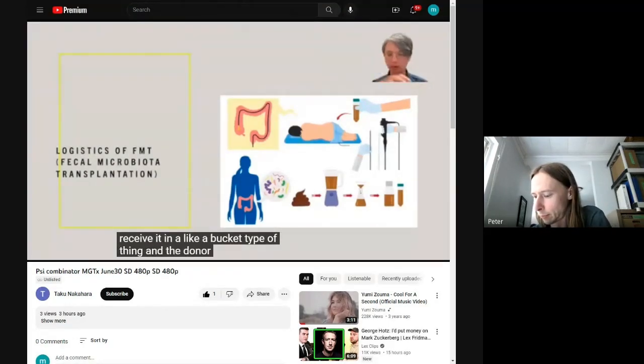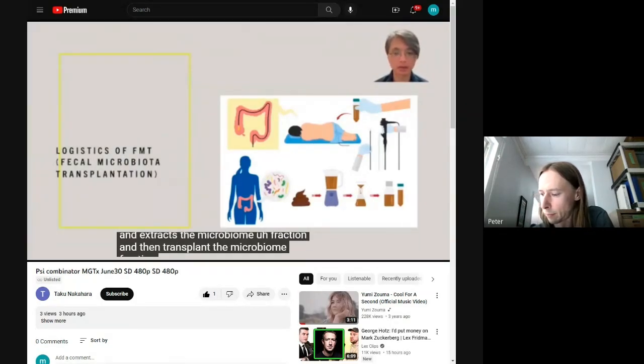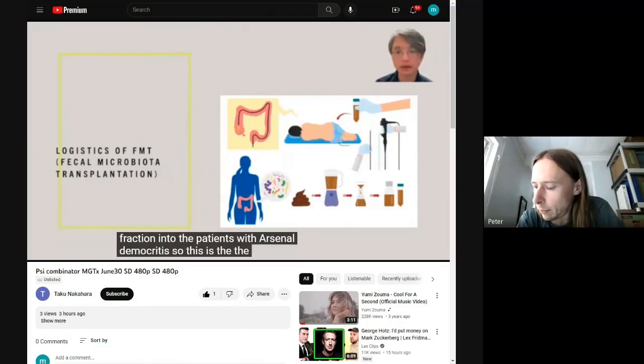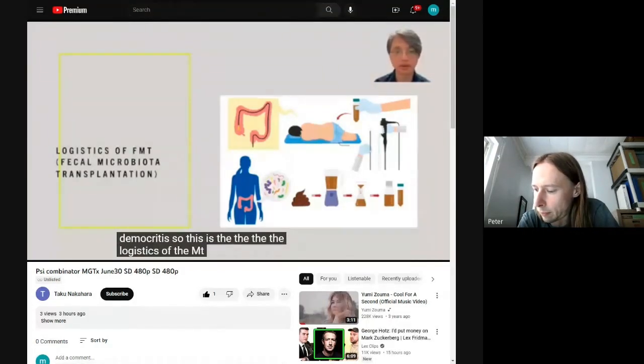The donor brings the entire stool to the hospital, and we process it and extract the microbiome fraction, and then transplant the microbiome fraction into patients with ulcerative colitis. So this is the logistics of the FMT.